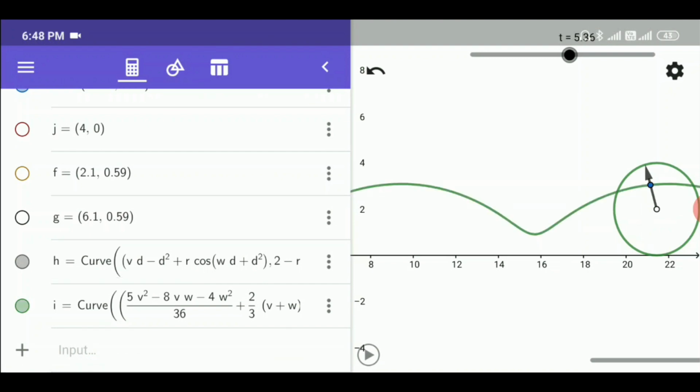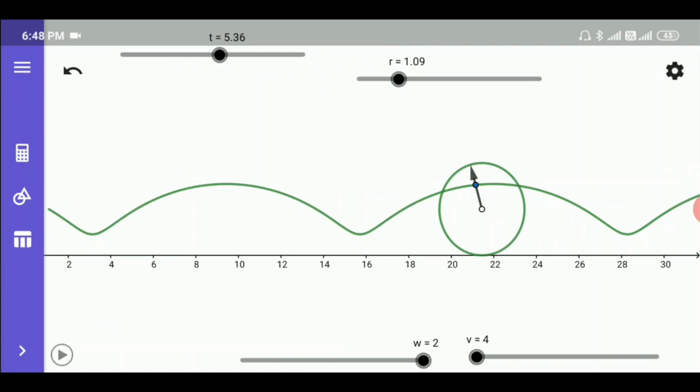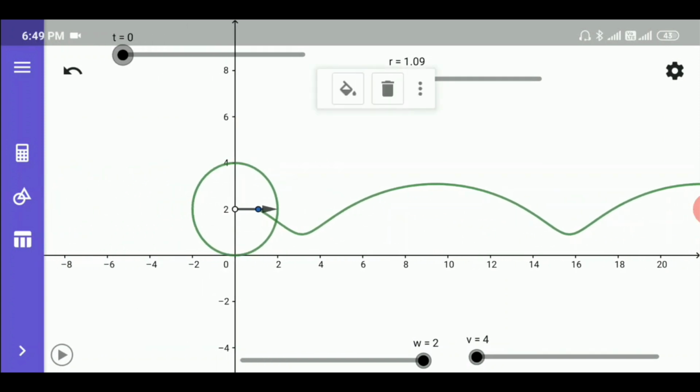Yes, the green one. As you can see, there is a clear difference between this one and the previous cycloidal curve. The interesting thing is that where we had sharp corners for the cycloid, there are no sharp corners. That means the curve is differentiable everywhere.